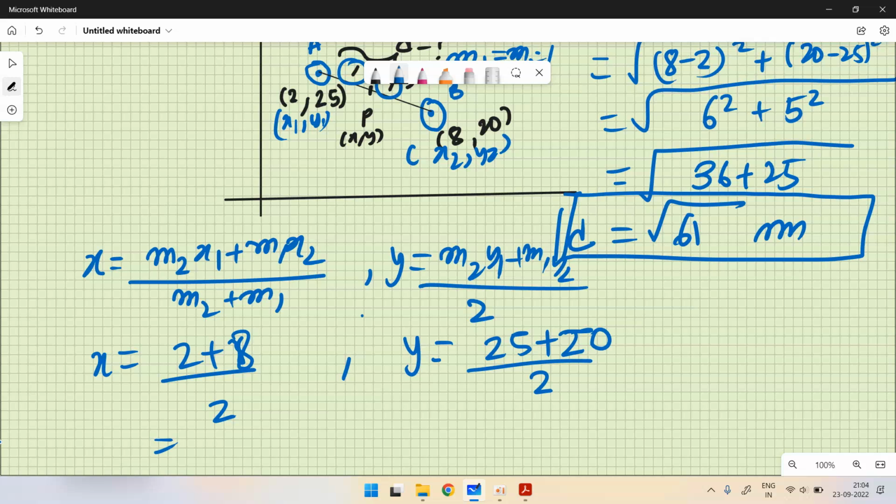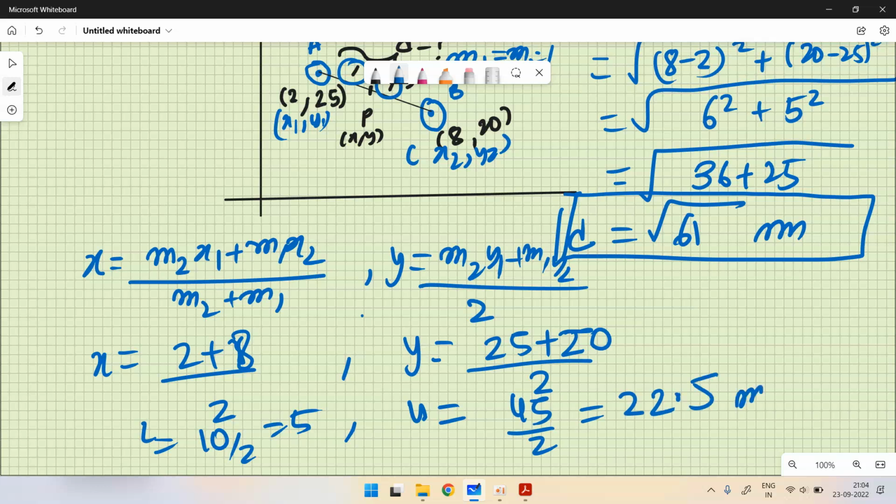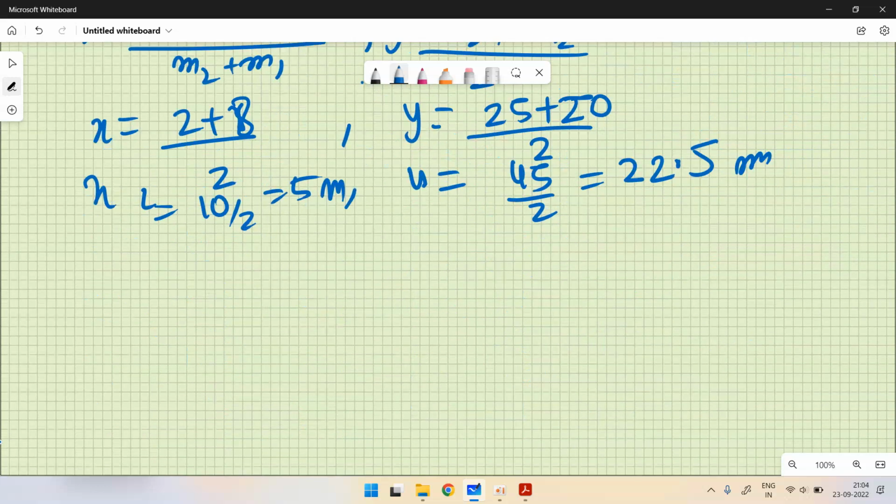That is 45 by 2, which is 22.5 meters. And so the coordinates are 5, 22.5 meters.